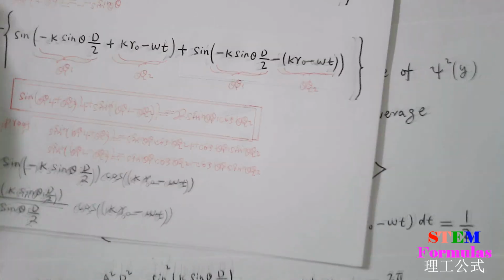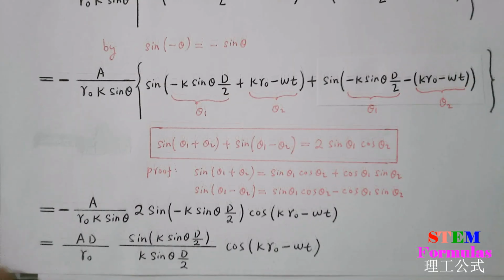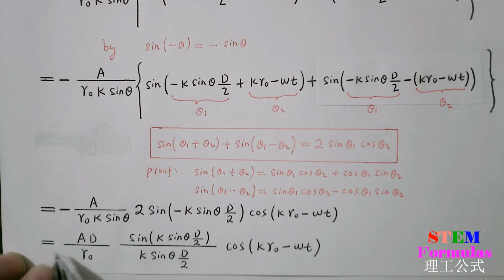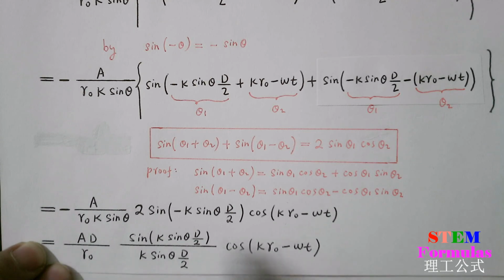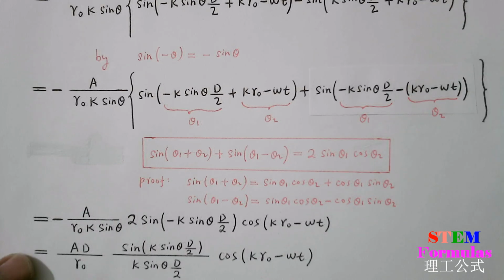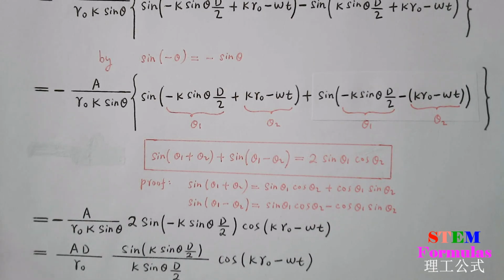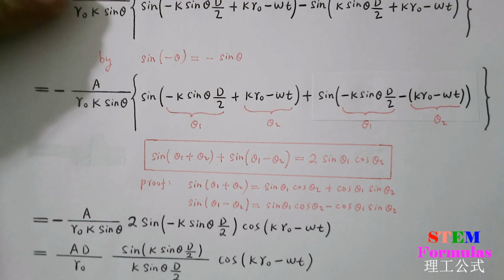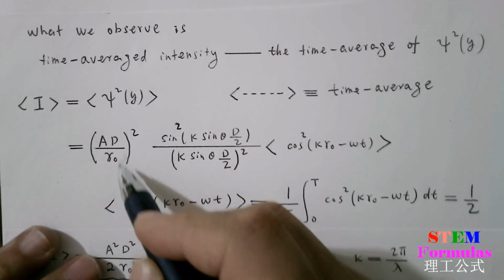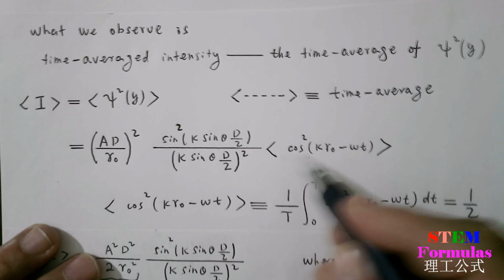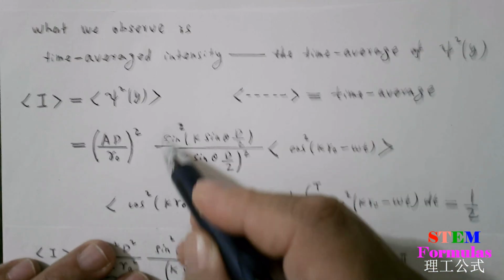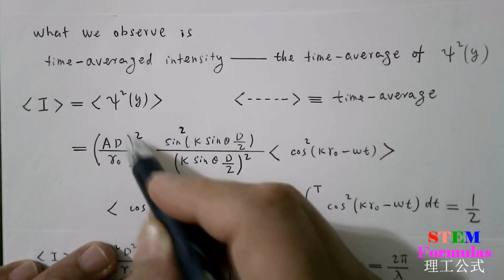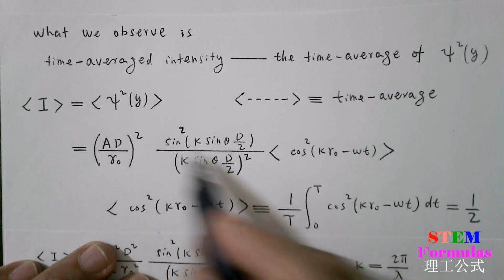In the previous page, we have psi at y equal to this quantity. Now we need to take the square of this quantity, then take the time average. We take the square here and here. Because this factor has nothing to do with time, and this also has nothing to do with time, I can take it out.